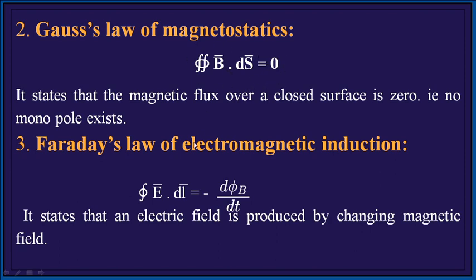Maxwell's third equation is taken from Faraday's law of electromagnetic induction. According to Faraday's law, whenever the magnetic flux linked with a coil or a closed circuit changes, an EMF is developed in that circuit. An electric field is established.